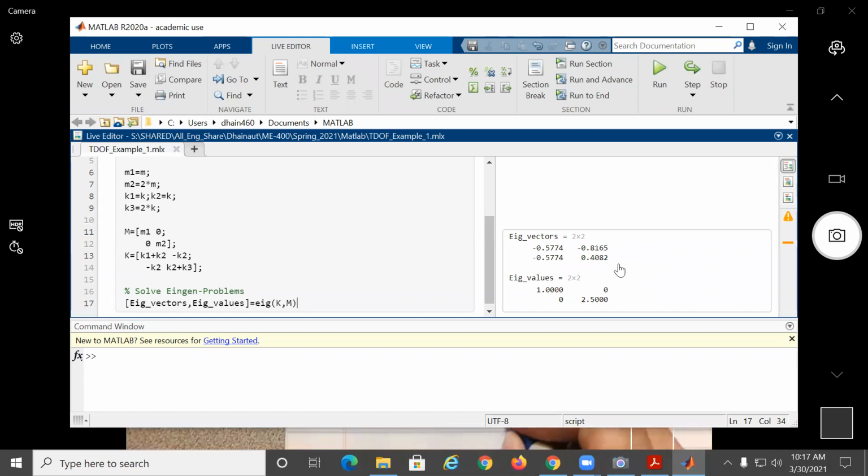And the eigenvector 2, so this is a vector, and you put a bar on top, you don't have to, but is equal to what? Is equal to minus 0.8168 and 0.4082.